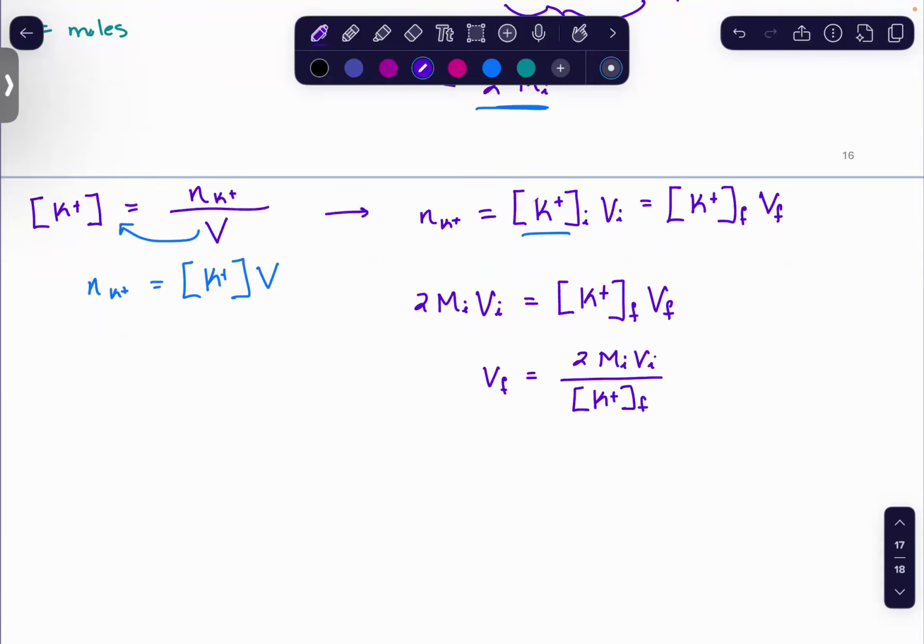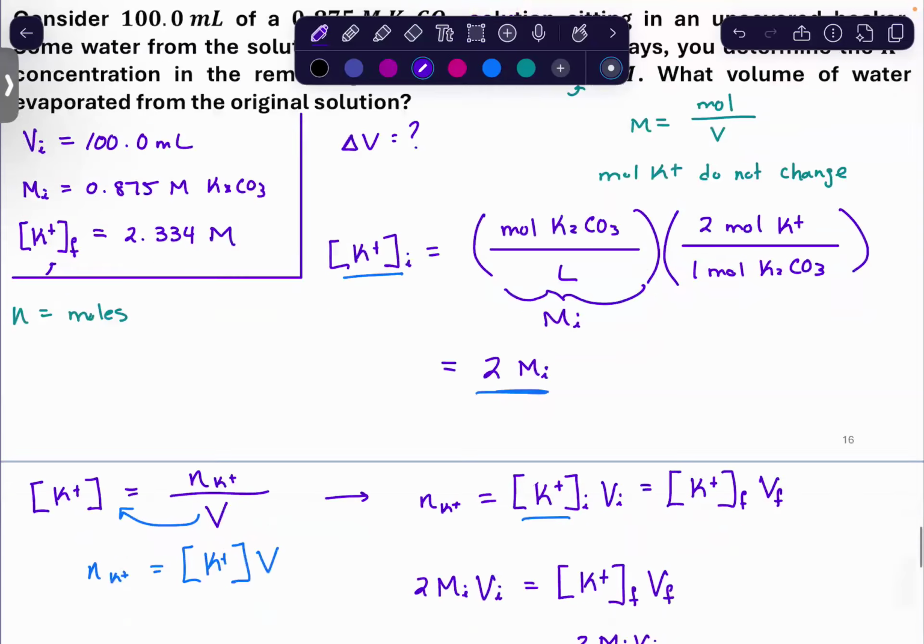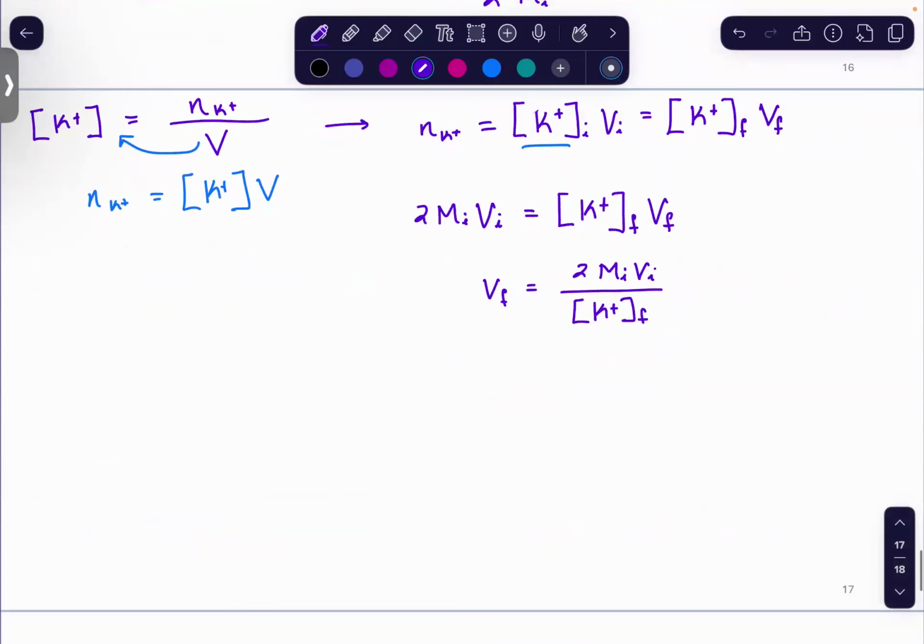Okay, now remember, I'm solving for delta V. So what is delta V? We know, hopefully, that a delta is your final minus your initial, okay?